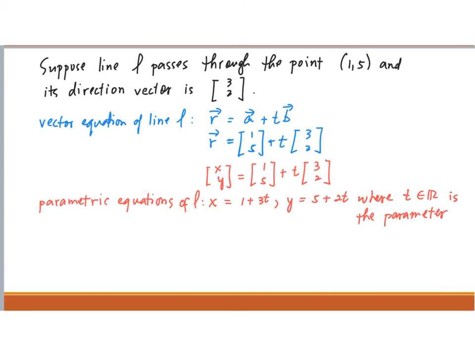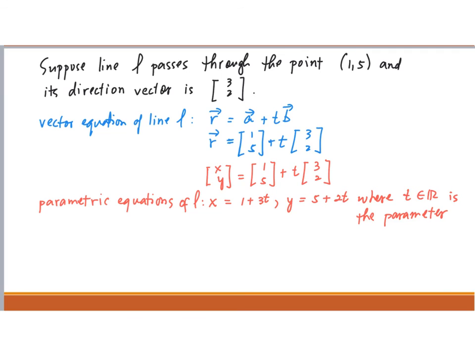Another question that might arise in situations such as the moving particle example is when you want to know the time at which the particle is at a particular location. So if you look at each of the parametric equations, x and y on top, we could actually express each of them in terms of t.